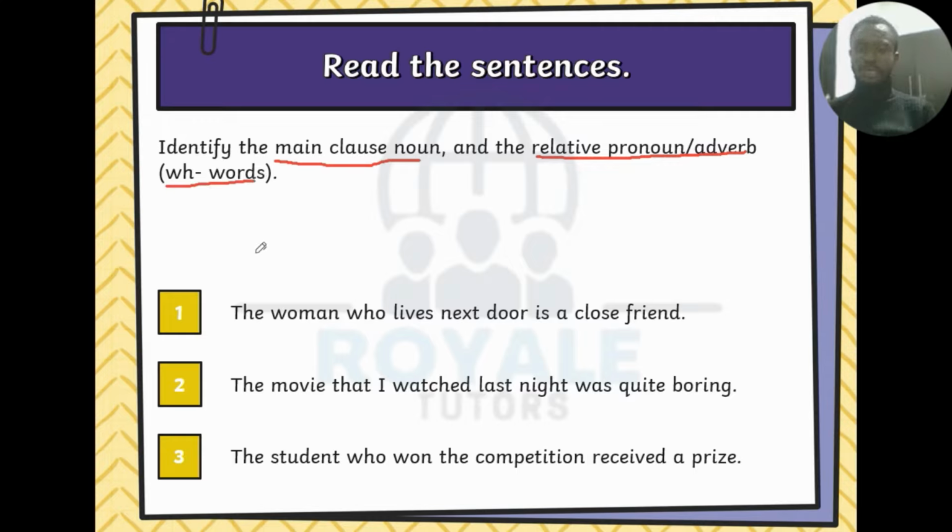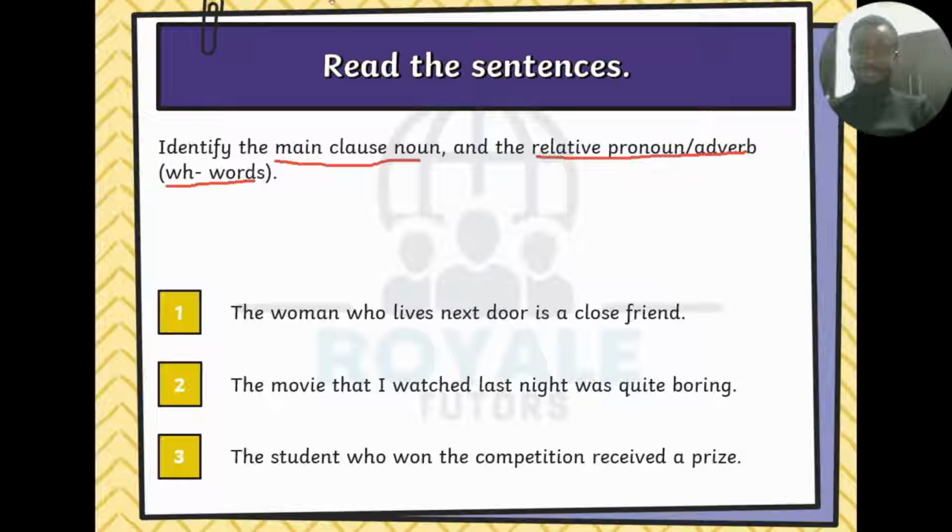Now, the woman who lives next door is a close friend. What is the main clause noun and what is the relative pronoun in this expression?